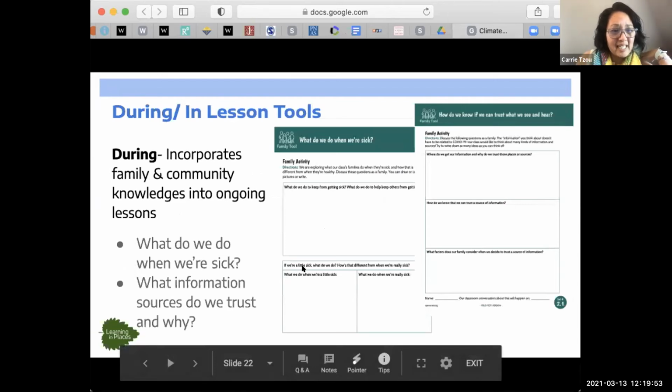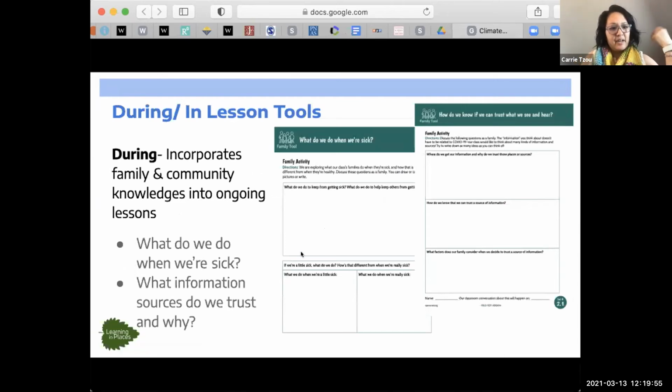We have during-lesson tools that incorporate family and community knowledges into ongoing lessons. The lessons are mostly multi-day. So after maybe day one of a lesson, you'll send home a family tool that will help inform a discussion that happens two or three days later. For example, we have a lesson on media literacy, and a family tool that goes home during that is, how do we know if we can trust what we see and hear?